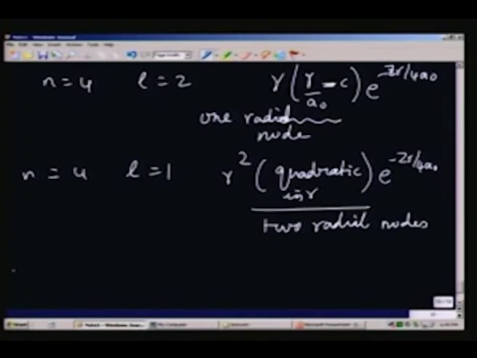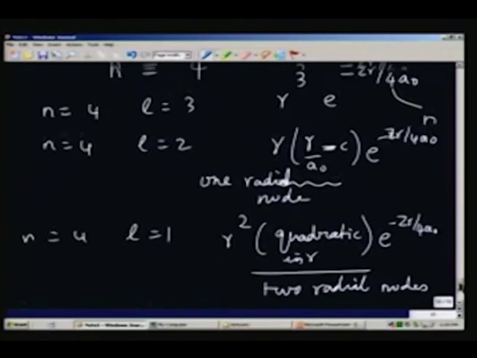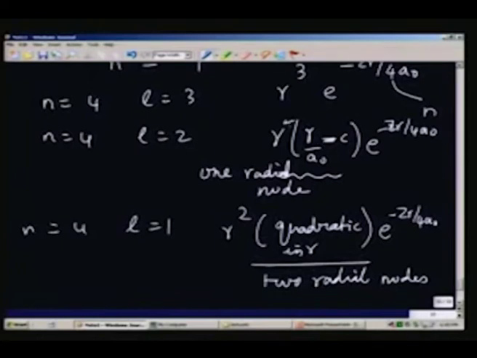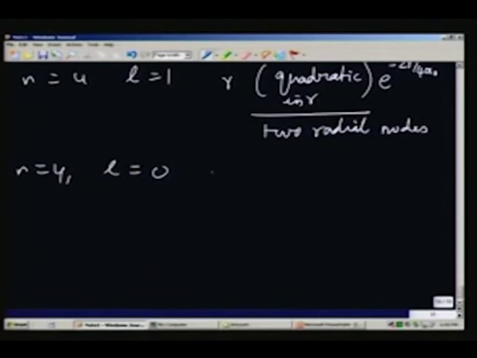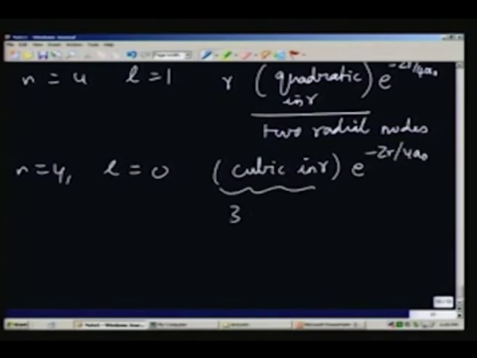Sorry, I must have had this as R square and I must have this as R. Please make a change here: R cube, R square, R. And for N equal to 4, L equal to 0, you have a cubic in R e to the minus ZR by 4 A naught, and this has three radial nodes.